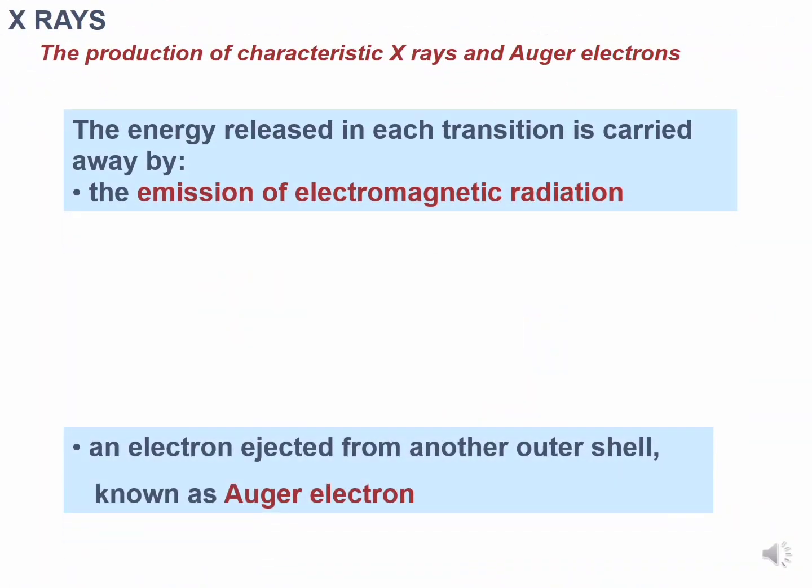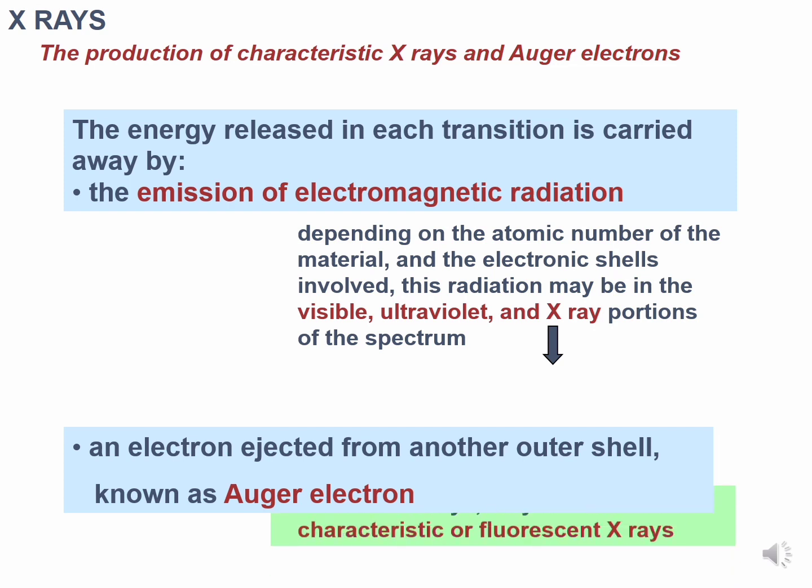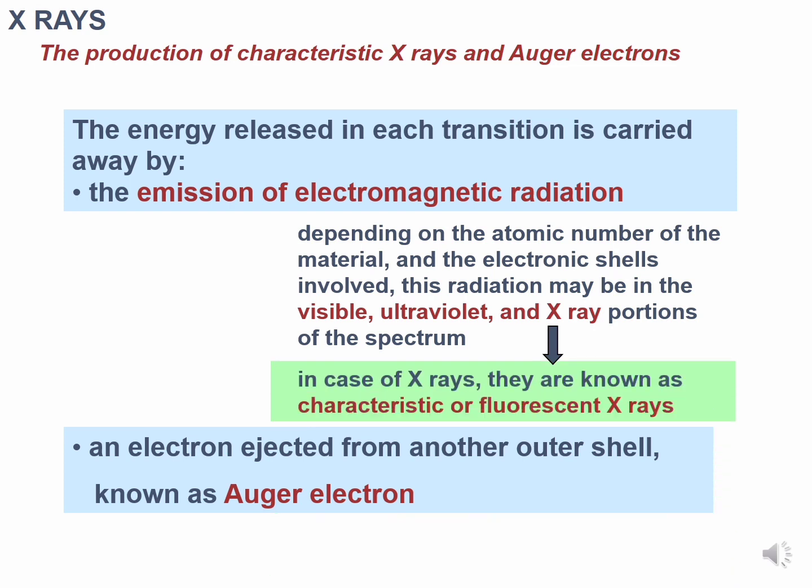So the energy released in each transition is carried away by the emission of electromagnetic radiation, which depends on the atomic number of the material and the electronic shells involved. In terms of X-rays, they are known as characteristic or the fluorescent X-rays. Sometimes, after the ejection of another outer shell electron, the excess energy may also be emitted, known as Auger electron, rather than the characteristic radiation.